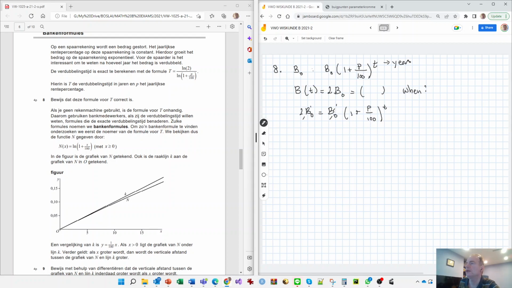So how do I solve that? Well, I take the logarithm on both sides. Actually, you could use any logarithm of any base, but they want to use e as a base here. Okay, so I get log 2 is log of that thing there.